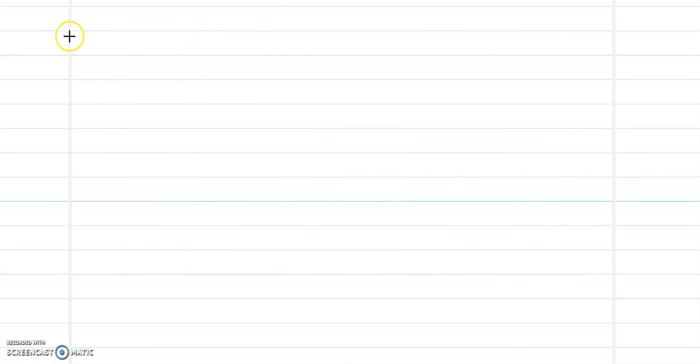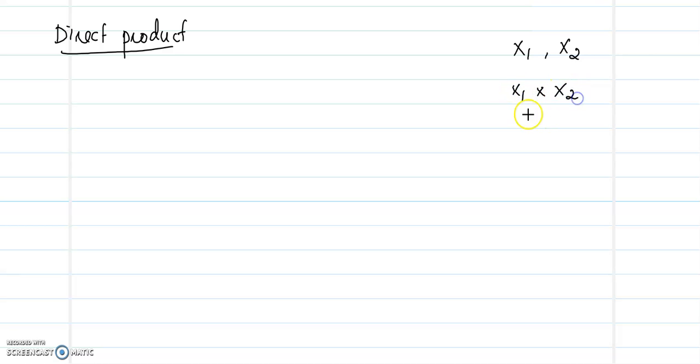Now let us look at what we mean by a direct product. Let us consider two sets, say X1 and X2. You know what a Cartesian product is.